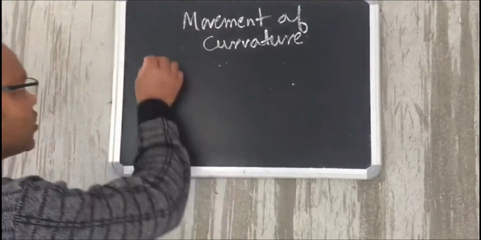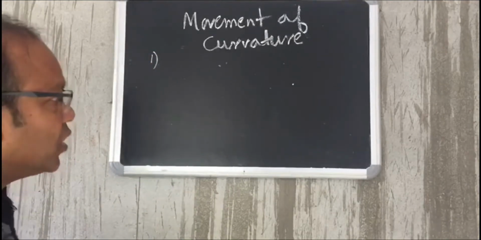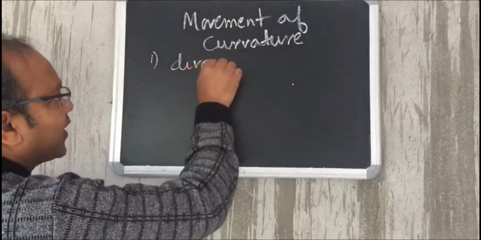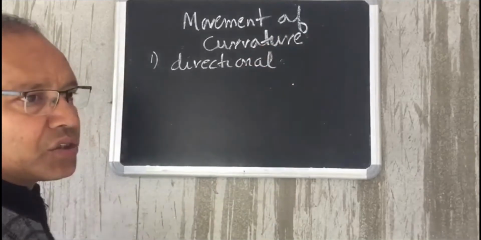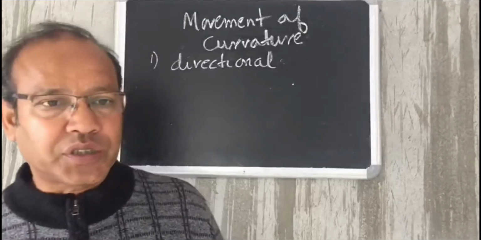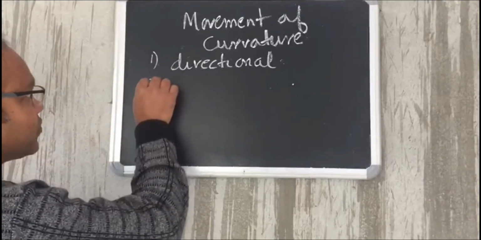So there are a few things which we want to remember here. In the movement of curvature, the movement is directional. That means stimulus comes from one direction and movement could be in the other direction or towards the stimulus. So it is directional.